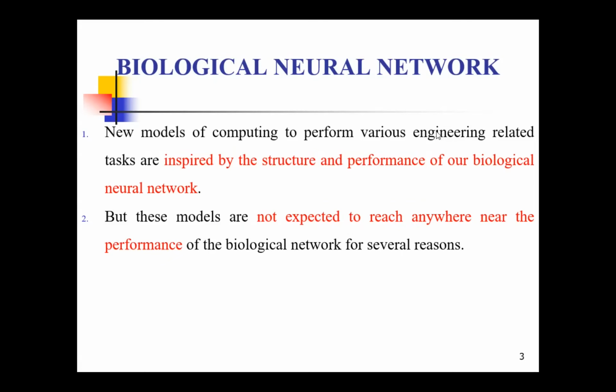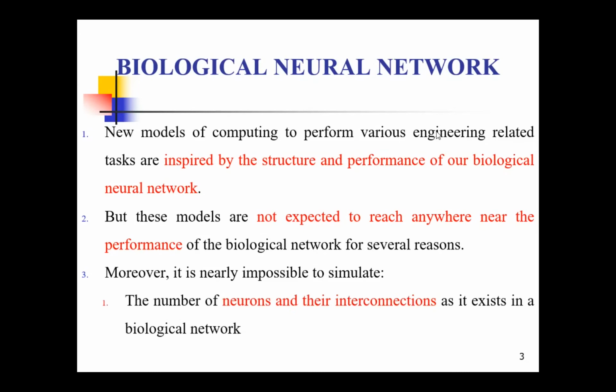The artificial neural networks, that is ANN, that we are going to develop, cannot be compared with the human brain, because it is impossible to simulate the number of neurons and interconnections that exist in a biological neural network.